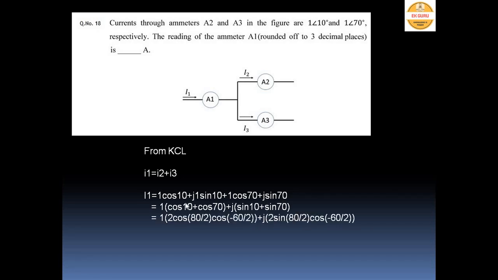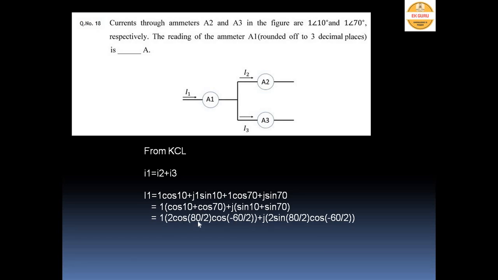The important ones here are the cos A plus cos B formula and the sin A plus sin B formula. Without knowing them, this problem will take so much time, so trigonometric equations are really important here. Cos A plus cos B is equal to 2 cos of (A plus B) by 2 times cos of (A minus B) by 2.